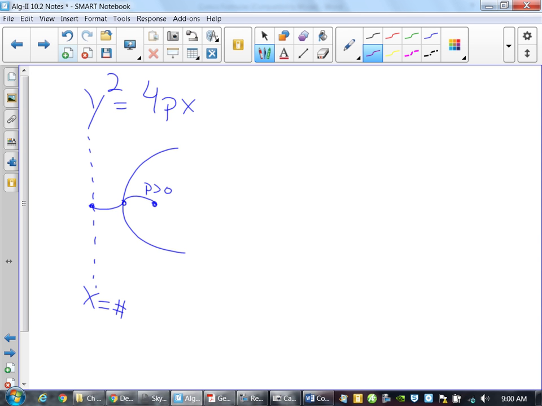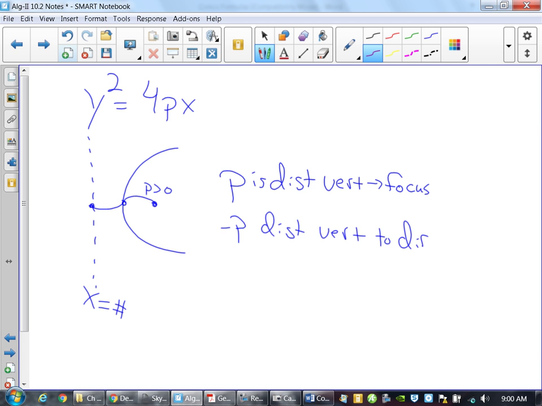The same idea applies: this p-value is still the distance from vertex to focus, and the opposite of p is the distance from vertex to directrix.